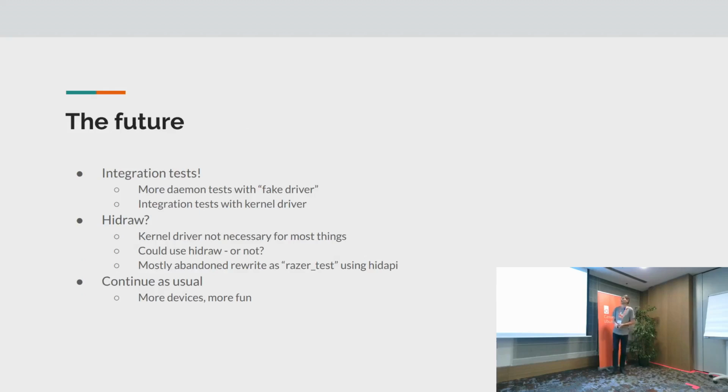So a bit about what we have planned for the future. In one sentence, we are just continuing as we have. We make sure that new devices are getting supported, but also, in a more backend sense, we are planning to add more tests to make sure that we're not regressing any functionality.